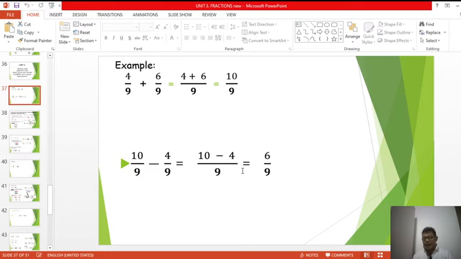Then this is now your answer, 6 over 9. That is actually all about fractions with the same denominators for adding and subtracting fractions. Let's move on with our lesson.